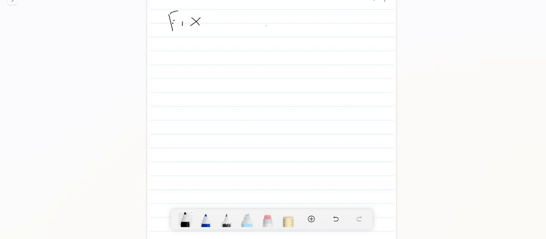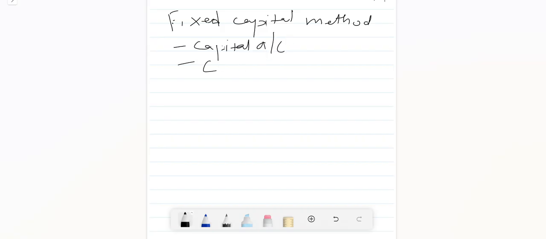So in the fixed capital method, how many accounts are maintained? One is the capital account, one is the current account. The capital account remains unchanged. It will change only when the partner brings more capital or withdraws the capital, and all the adjustments during the year are made in the current account.